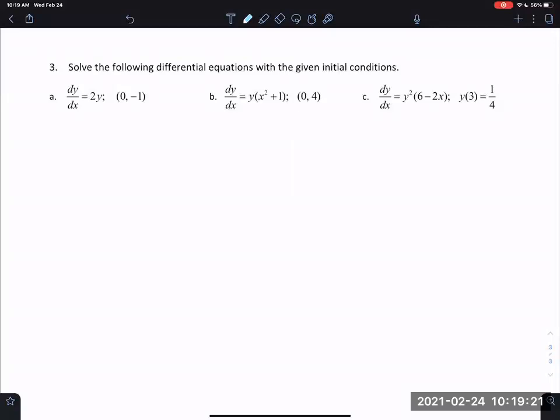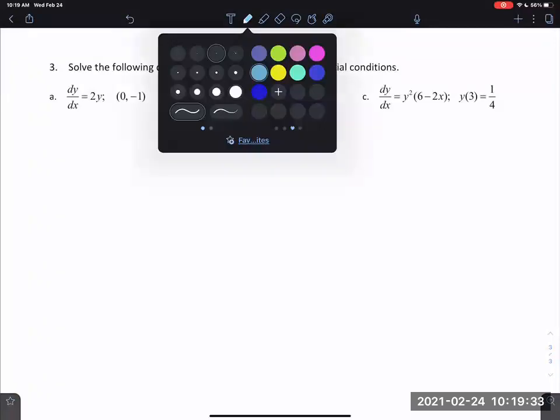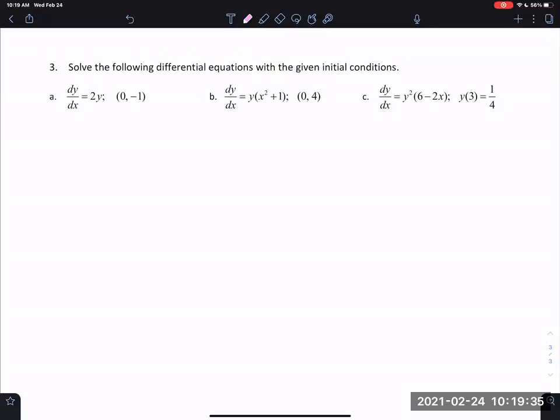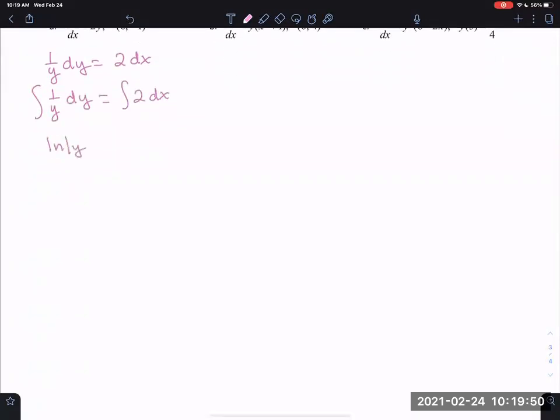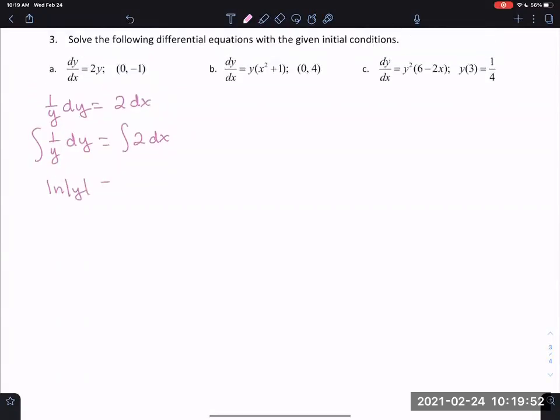So what I wanted to do, so dy dx equals 2y. So there's no x at all, but remember what we said from the beginning. If there's a constant, you leave it on the right side. So let's go with 1 over y dy, and we have 2 dx. 1 over y dy, taking my antiderivative of both sides. Natural log absolute value of y equals 2x plus c.